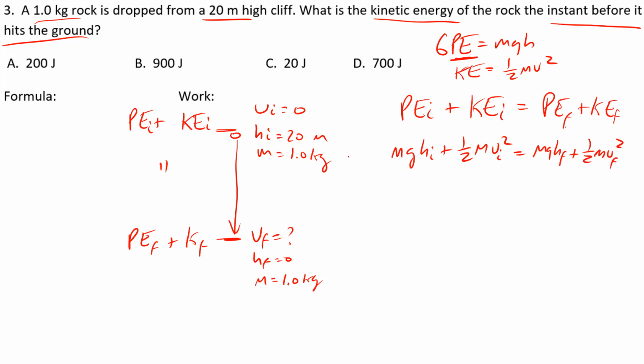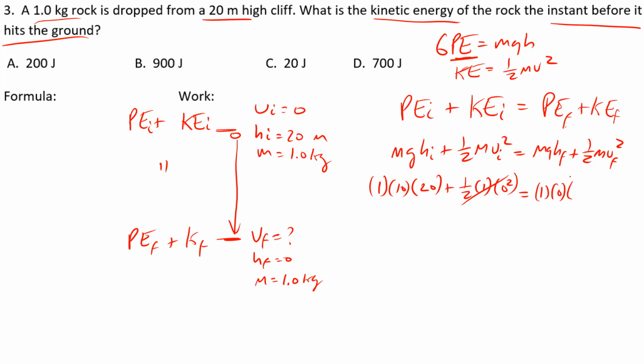And now you just plug in values. So the initial mass was 1 kilogram. Gravity we'll go with 10. The initial height was 20 meters, plus 1/2 times 1 times 0 squared. So this is going to be canceled out. Equals the mass still 1, but the height now is 0.